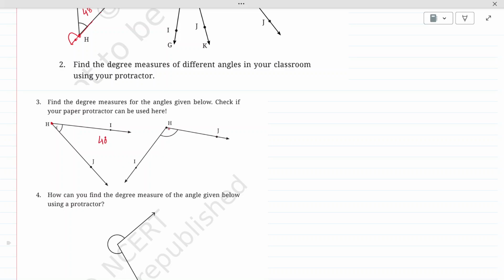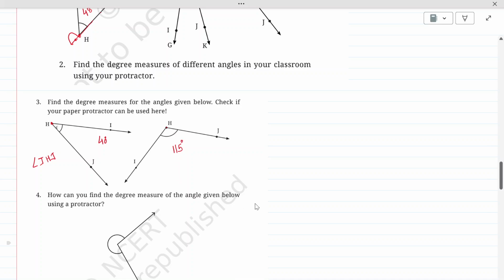This means this angle is an acute angle, lesser than 90. We can also name it IHJ. Similarly, in the next, keep the protractor here in line with this arm and we can measure the other arm. It will come around 115 degrees when we measure with the protractor.